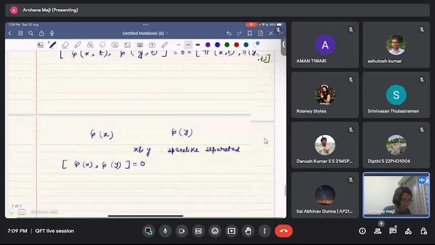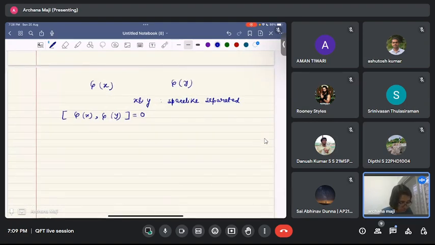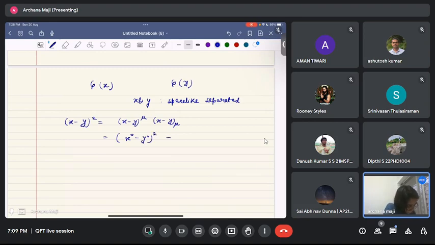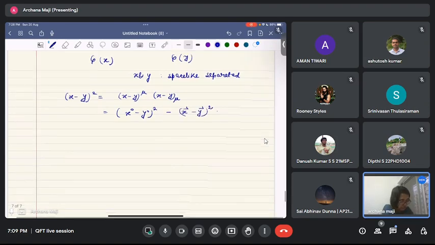So what do space-like and time-like mean? Let me first say that briefly. (x minus y) squared, where x and y are four-vectors, is (x0 minus y0) squared minus |x minus y| squared.